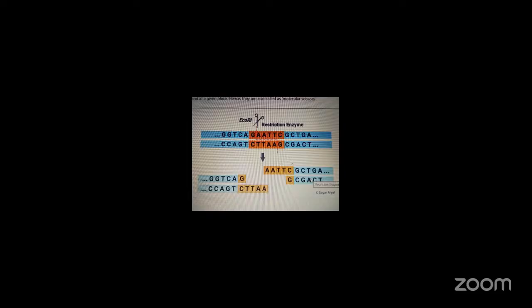Each enzyme is named after the bacterium from which it was isolated, using a naming system based on the bacterial genus, species, or strain.